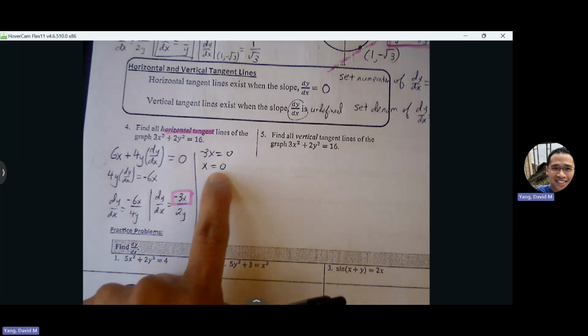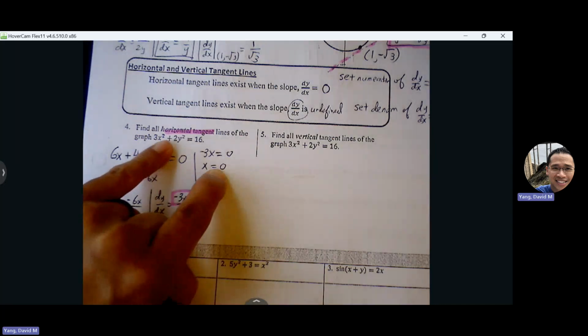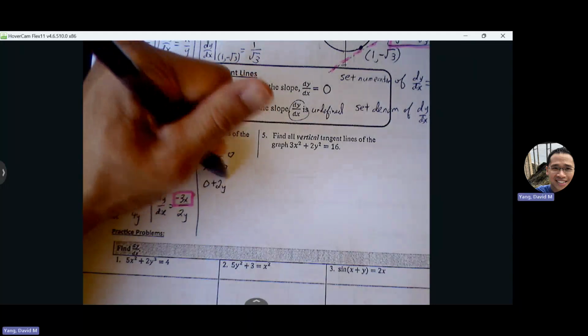So what can we do from here if I want to find the actual equation of those lines? Back into the original, right? Your original is going to give you information about the points on the graph. So plug 0 in for x, back into the original. I get 0 plus 2y squared is equal to 16. y squared is equal to 8.